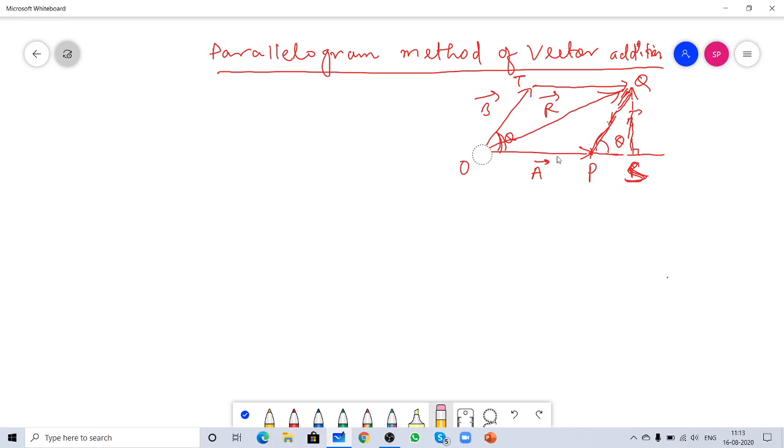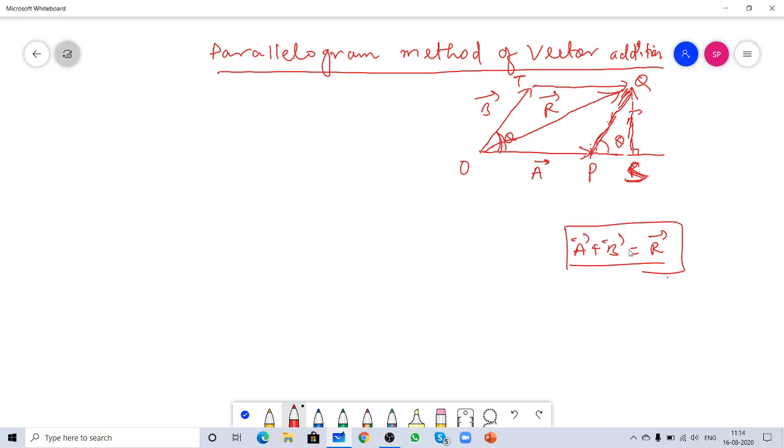Order means O to P, this is tail, this is head. Then PQ vector is tail to head. So they are in order. Now the third vector, which must be opposite to the order, will be the resultant. So we can write A vector plus B vector is equal to R vector. Now vectorially we found out that A vector plus B vector is equal to R vector.